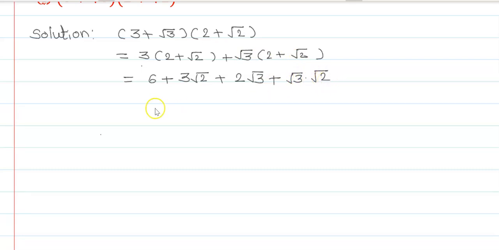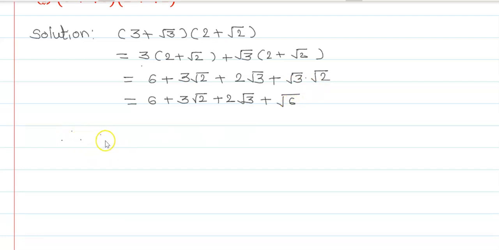Now the next, here is a 6. Again, there are no like terms. Therefore, we will write here 3 root 2 plus 2 root 3, and again root 3 into root 2 you are getting root 6.